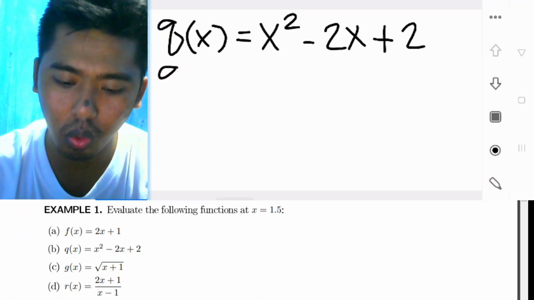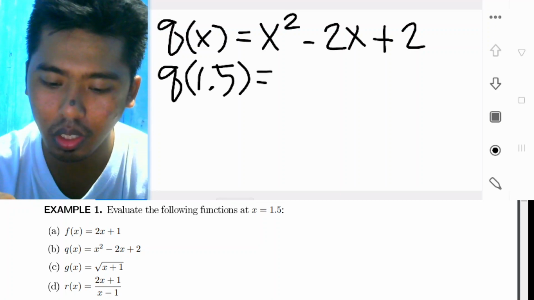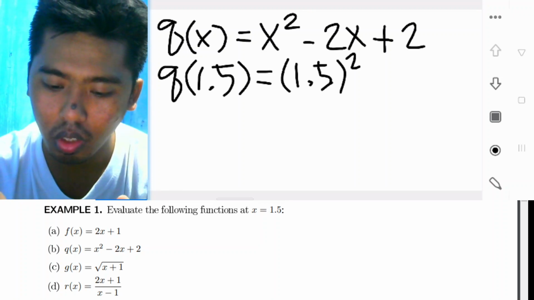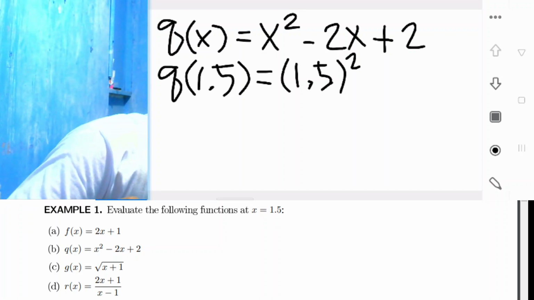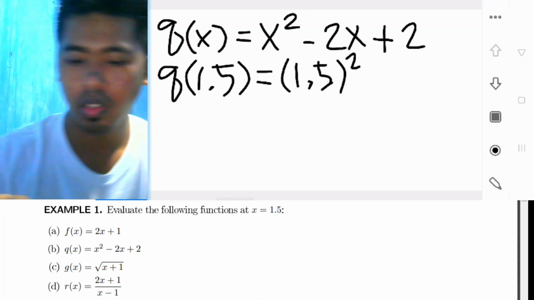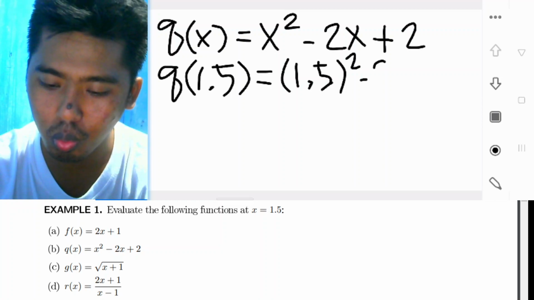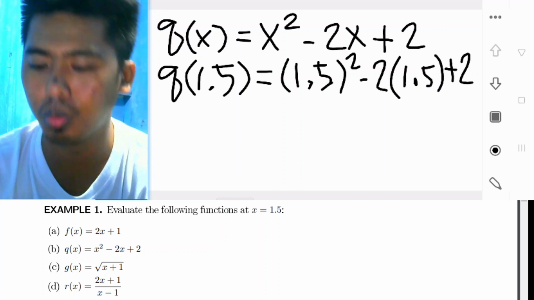So this would become q of 1.5. Now here we have 1.5 squared, next we have minus 2 times 1.5, then the last is plus 2.